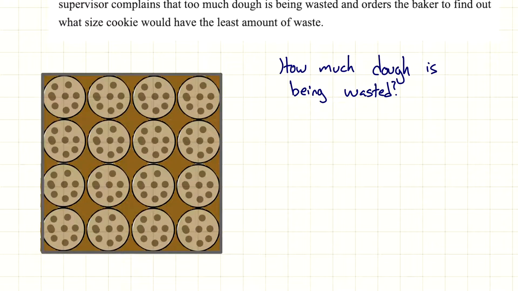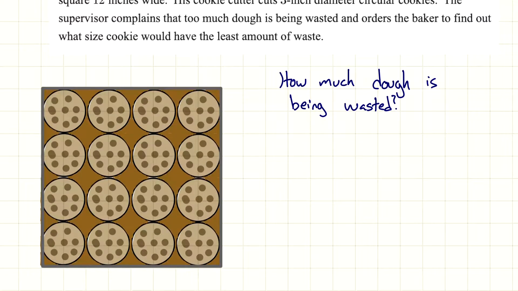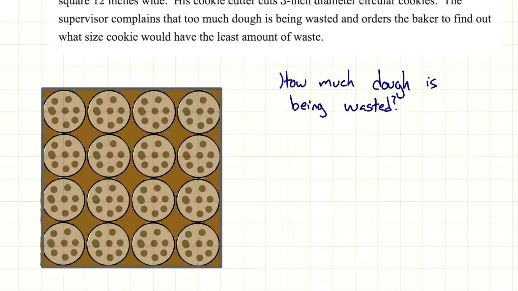So let's do some calculations. What is the area, not of the cookies, but of everything that is not a cookie? That's what we're trying to figure out. So how in the world are we going to find the area of all this space? This is not even a nice shape. So two things.